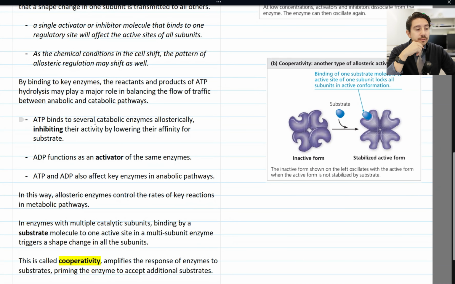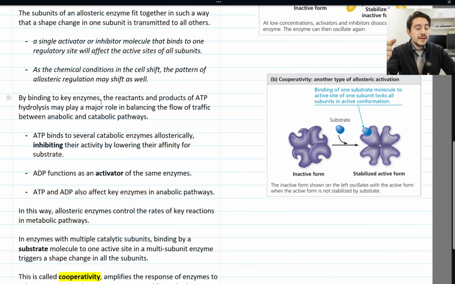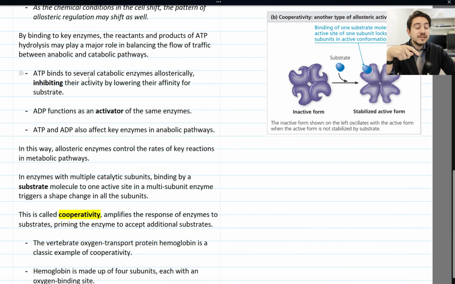By binding to key enzymes, the reactants and products of ATP hydrolysis actually play a role in balancing the flow between these enzymes and, of course, ultimately in metabolic pathways. ATP itself can bind to several catabolic enzymes allosterically, so it can act as an inhibitor of their activity.